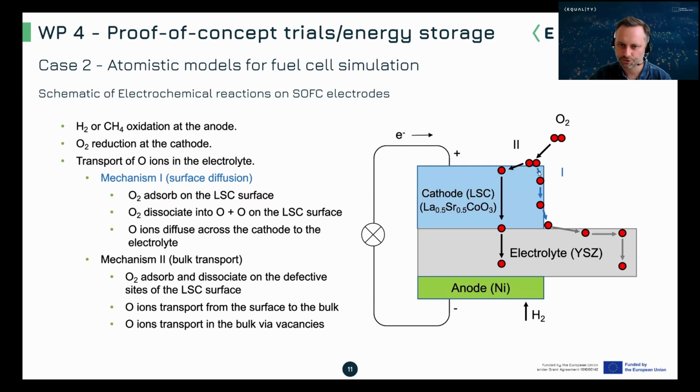Mechanism one is surface diffusion. The oxygen adsorbs, it dissociates into two oxygen atoms, and the oxygen ions diffuse across the cathode to the electrolyte. The second mechanism is bulk transport, where the oxygen adsorbs again and then dissociates on defective sites of the surface, and oxygen ions are transported from the surface to the bulk through vacancies in this solid material.